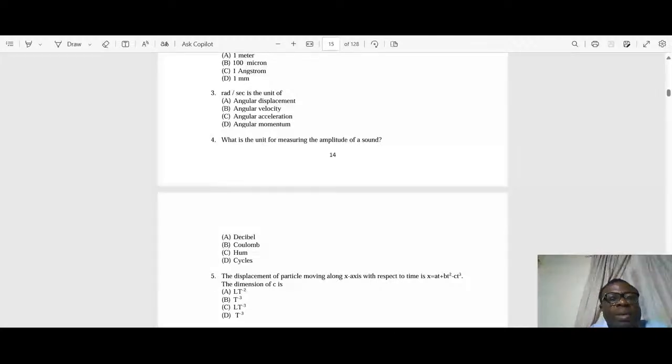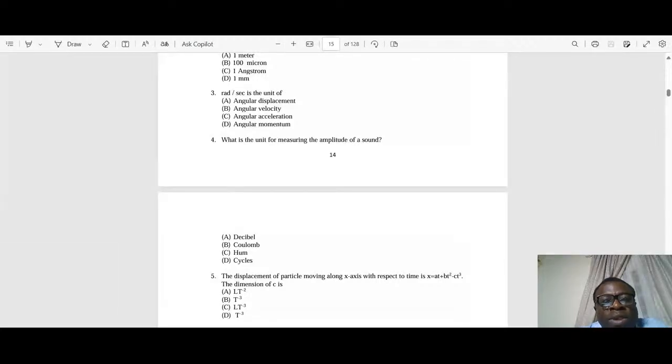I take that again, the question for the last time. The displacement of a particle moving along x-axis with respect to time is x equal to at plus bt square minus ct raised to power 3.